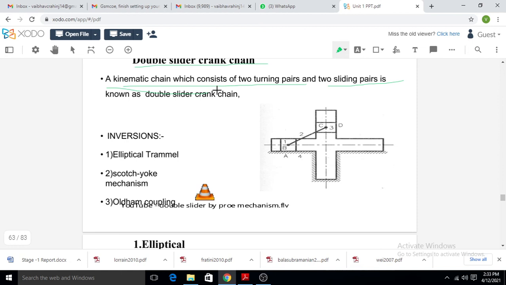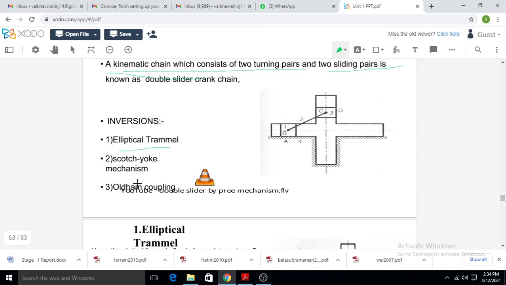By fixing any one link of the mechanism we obtain different inversions, that is, the elliptical trammel, Scotch yoke mechanism and Oldham coupling. These are some examples of the double slider crank mechanism.